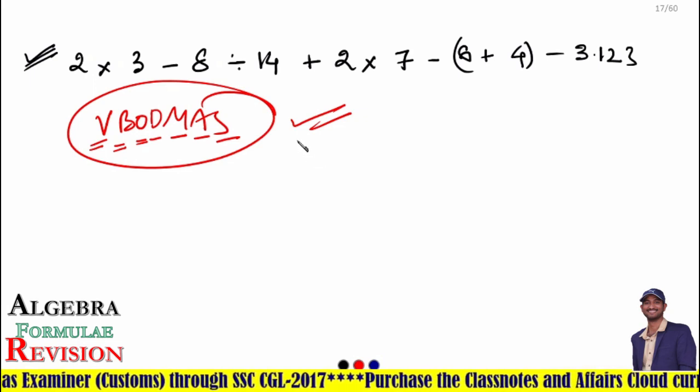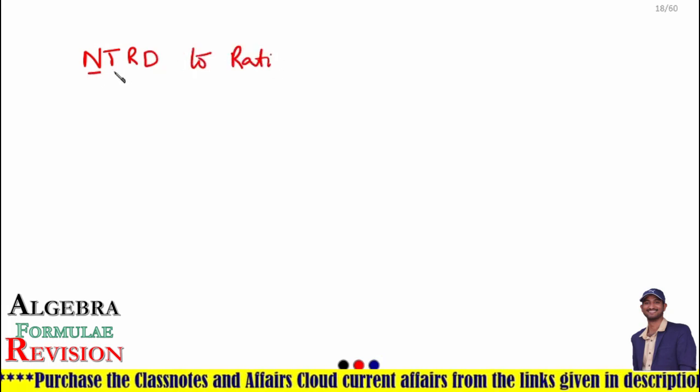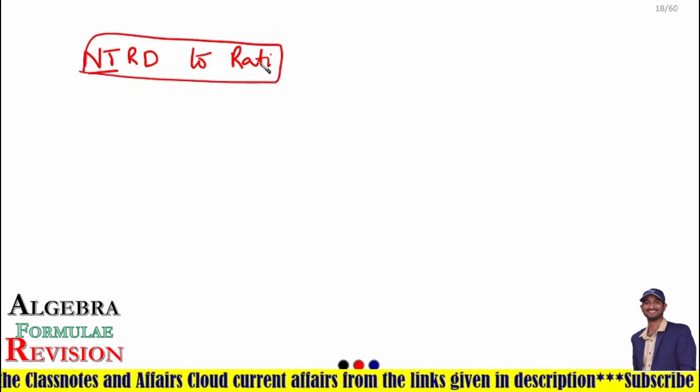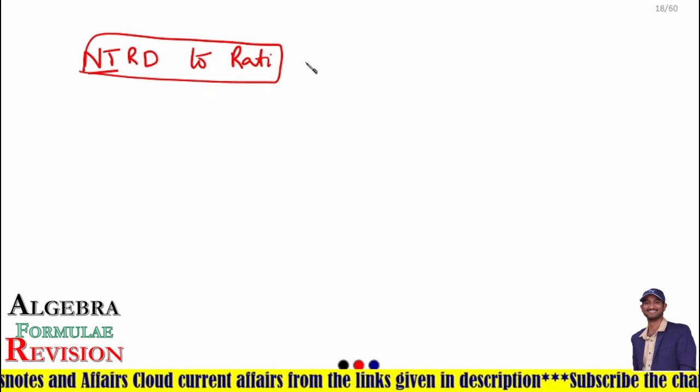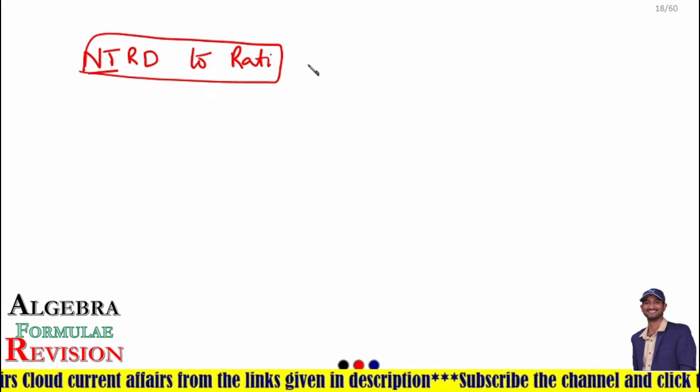That is the first thing. And the second important thing is conversion of non-terminating and recurring decimals to fractions or rational numbers. How do you convert a non-terminating and recurring decimal into a rational number?